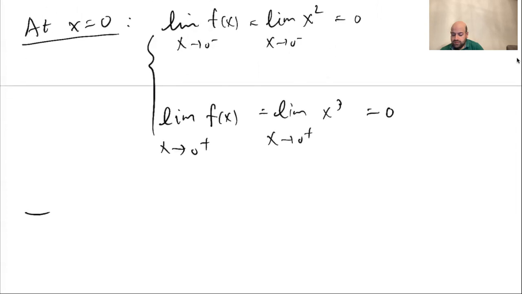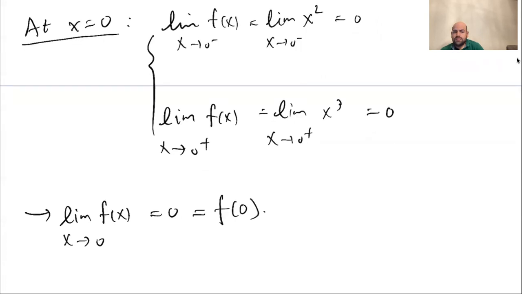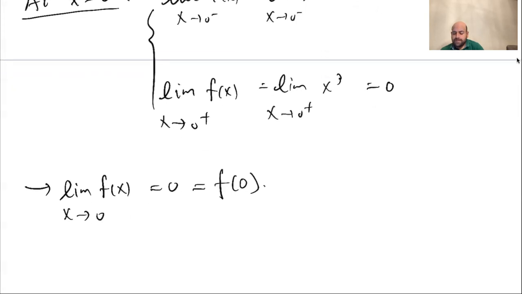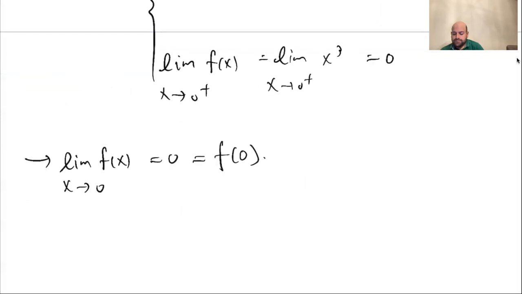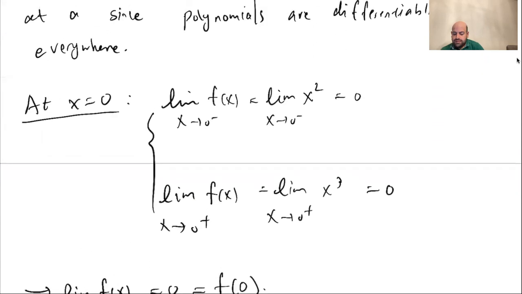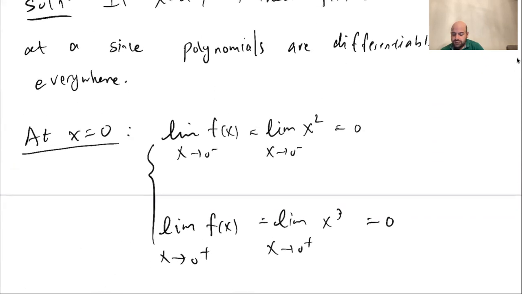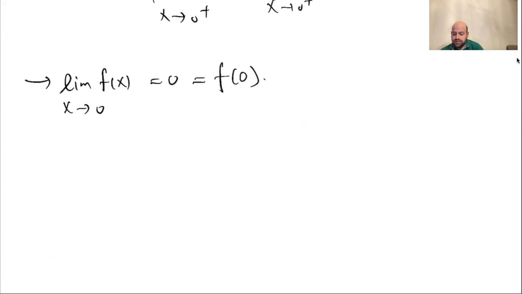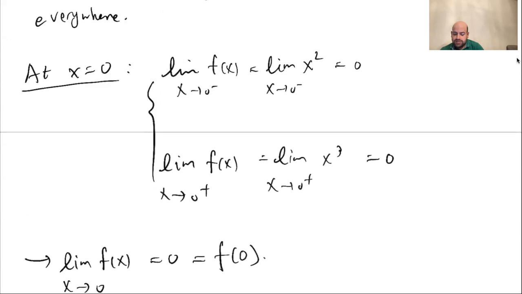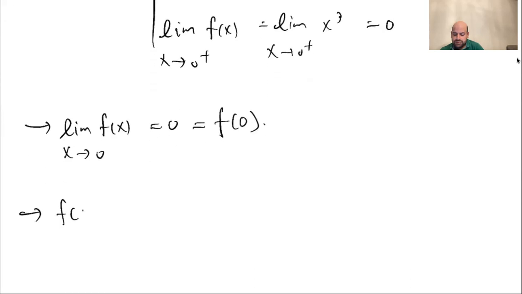And therefore, this means the whole limit is also 0, which is the same as the value of f of 0. Okay, and so we have no problem at x equals 0 regarding continuity. Now for differentiability, f of x is continuous at x equals 0.